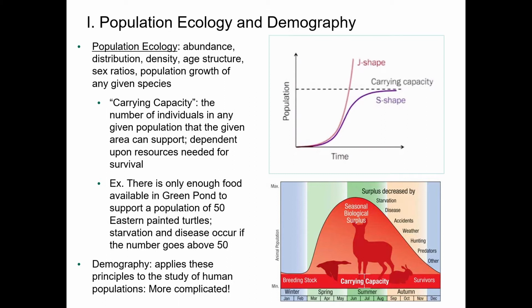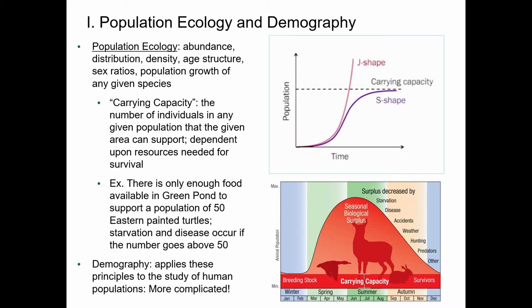Now, when we talk about human populations, we refer to this as demography. It gets a whole bunch more complicated because humans have so many requirements, quote unquote, needs and wants, than any other species that we share our planet with.